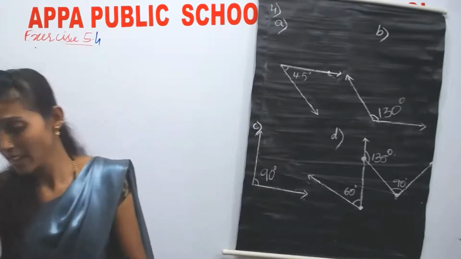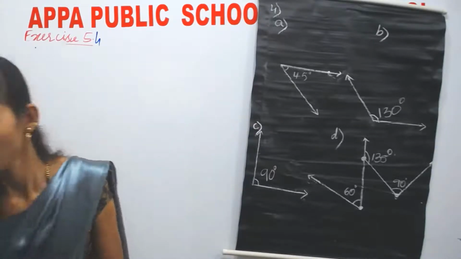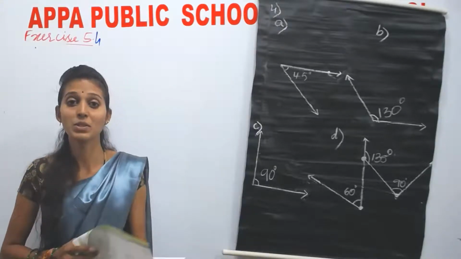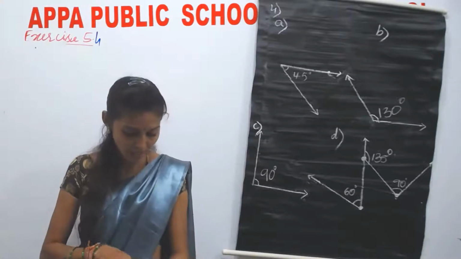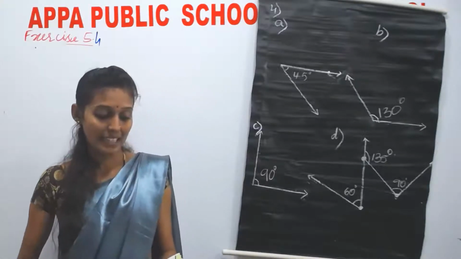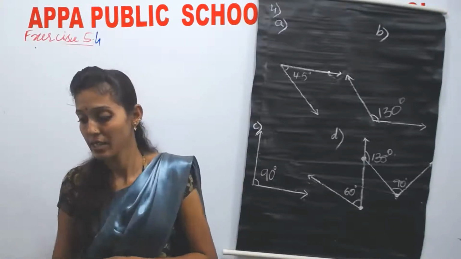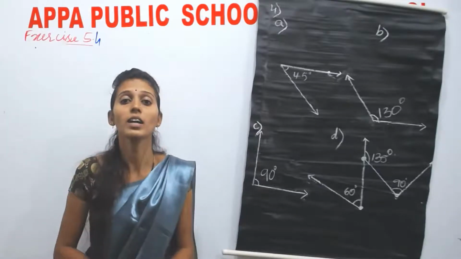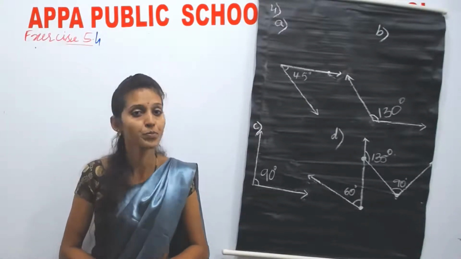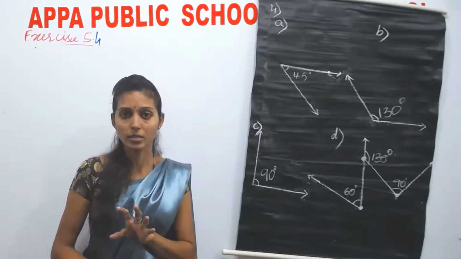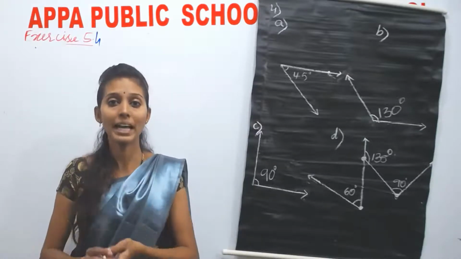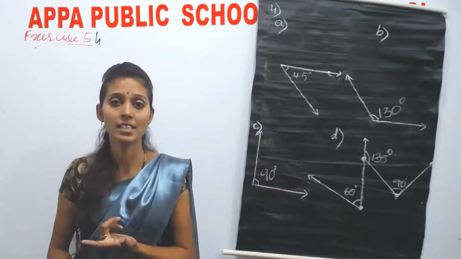Yes. Now, next we have the 5th and 6th, which are for you. That is your homework. Okay? The 5th and 6th are your homework, and the remaining 7th is a fill in the blank. You can try it by yourself. In the 5th and 6th, they have given 2 angles. You have to compare them and say which angle is greater.